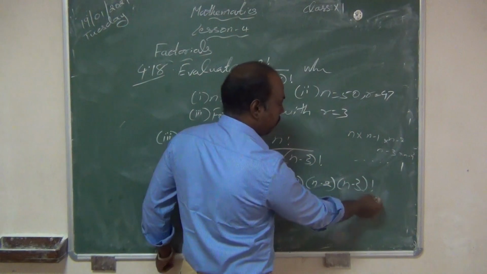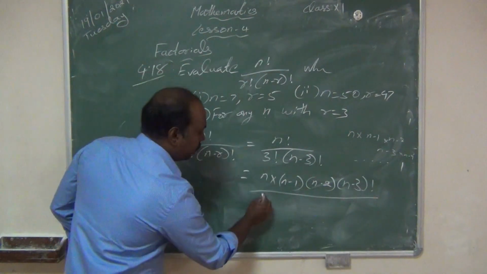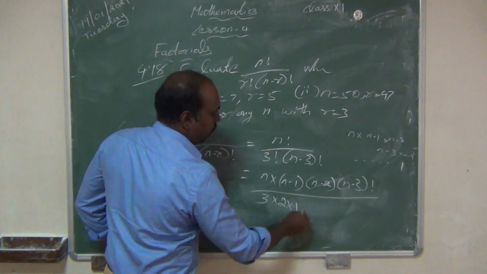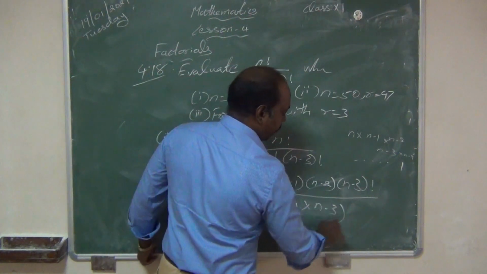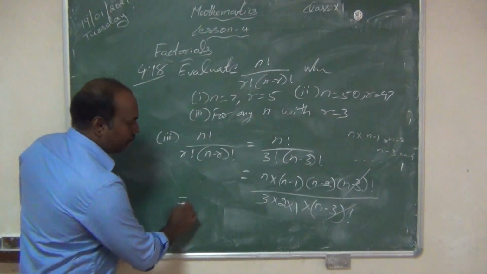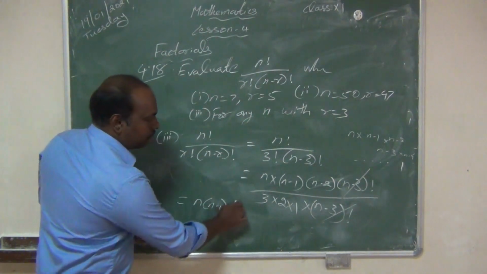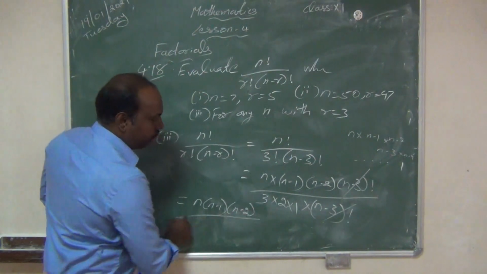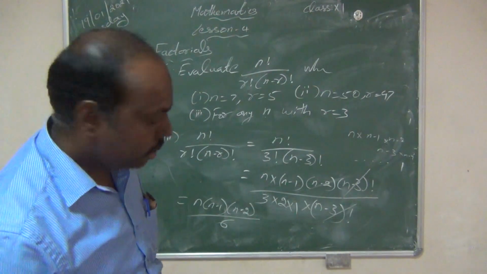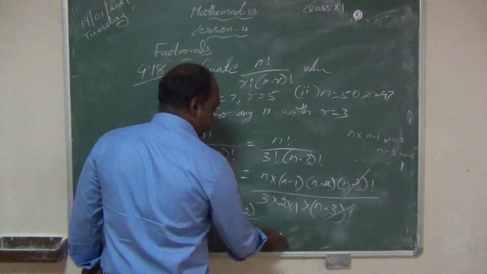So 3 factorial can be written as 3 into 2 into 1, and n minus 3 factorial, so these two get cancelled. Remaining we have n into n minus 1 into n minus 2 divided by 3 into 2, that is 6. That is the answer. Understand?